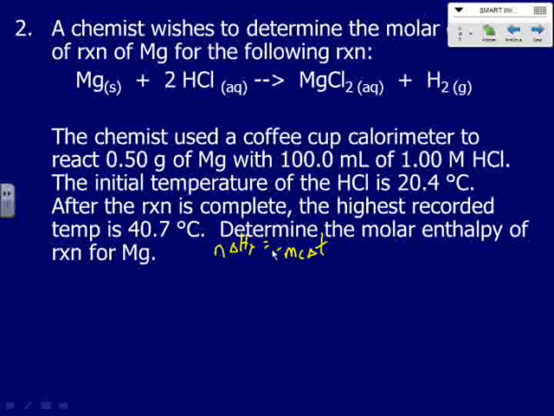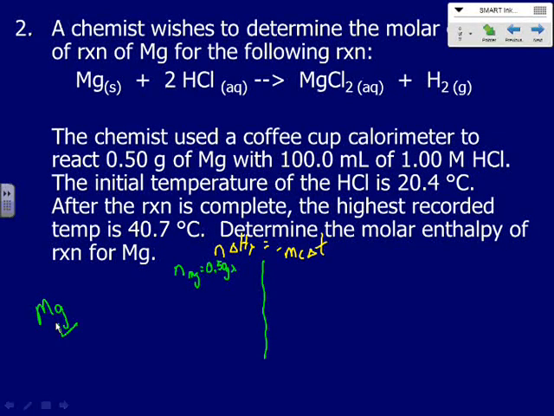And again, let's break it into system and surroundings. In this case, it says determine the molar enthalpy for magnesium. So I need moles of magnesium as my system. In this case, I was given mass of magnesium, so I'll use 0.50 grams times, I need a molar mass of magnesium.